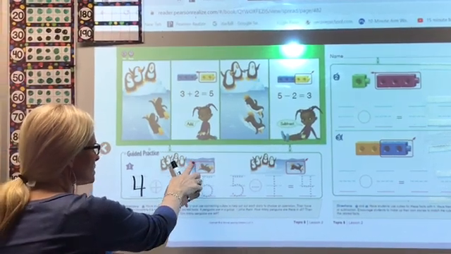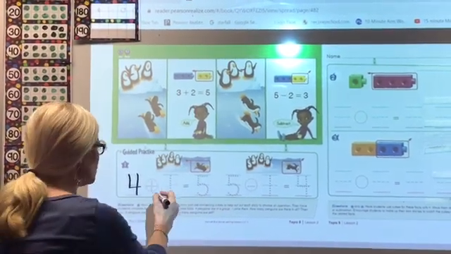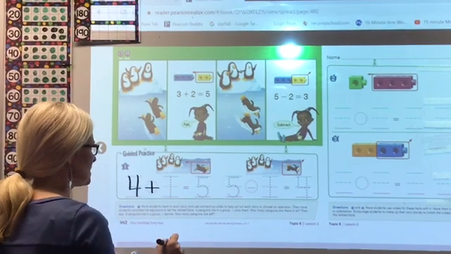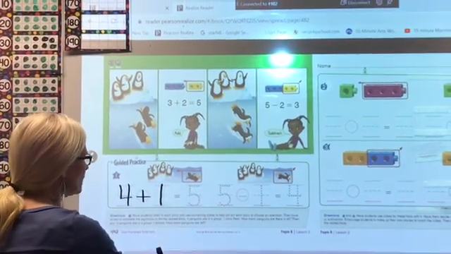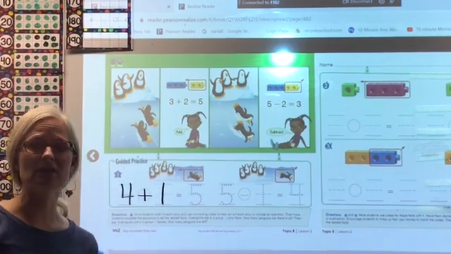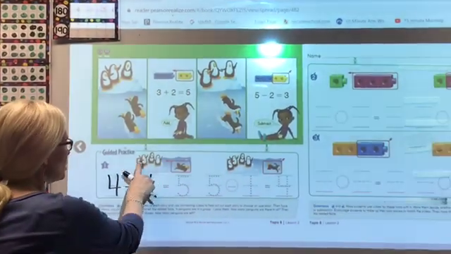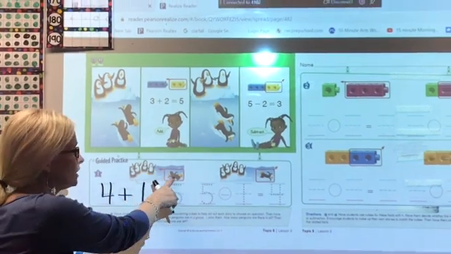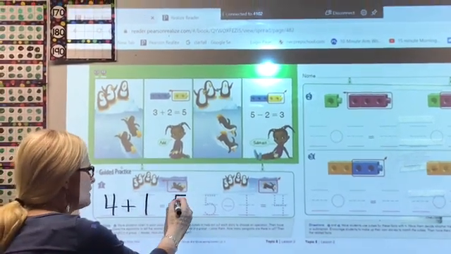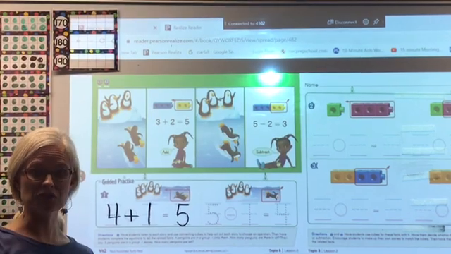This arrow makes us know that we are adding, so we're going to trace our plus sign. And there's only 1 in this circle, so we're going to trace our 1. And then we need to count to see how many we have all together. We know that this is 4, so we count up from 4. 4, 5. Trace your 5, and you're done.